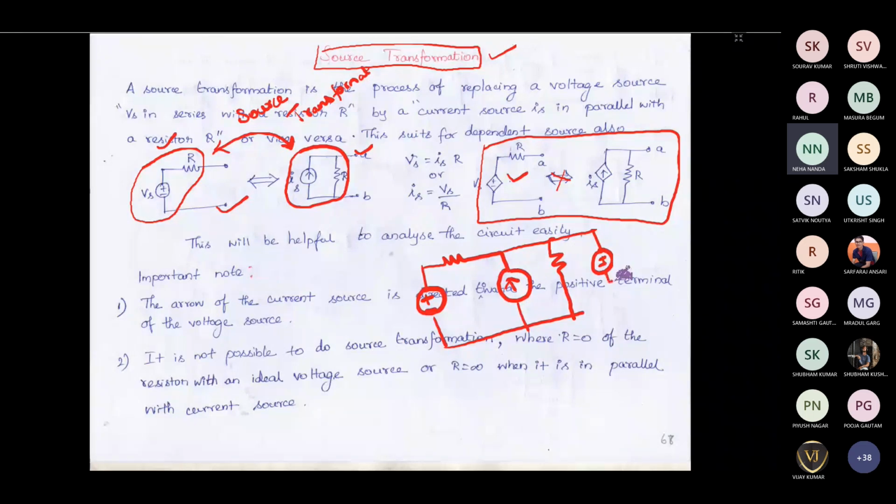Now, let's say you need to find the current through this resistor. If you have understood whatever I have told you till now, you can apply mesh analysis, nodal analysis, or the superposition theorem to find the current I flowing through this. So these three options you can use.